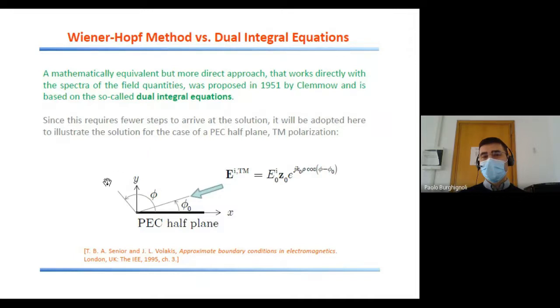And in particular, this is a beautiful book by Skinner and Boakis, Approximate Boundary Conditions in Electromagnetics, from which I have taken most of the material that will follow. Note now the observation angle indicated with the angle phi. Phi is the usual polar angle phi.